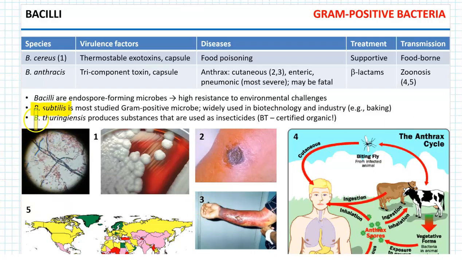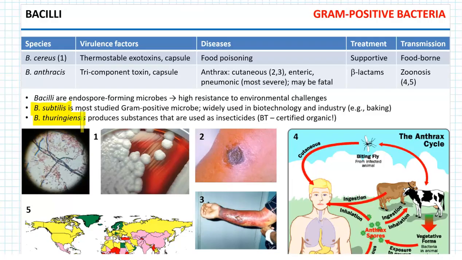Interesting bacillus called Bacillus thuringiensis is used as a source of an insecticide. It's called BT. What's actually cool about this, it is certified organic. We can talk about my opinion about organic foods some other time.